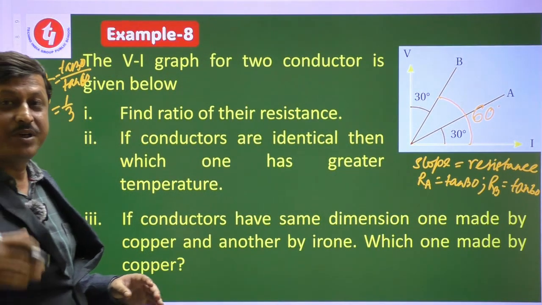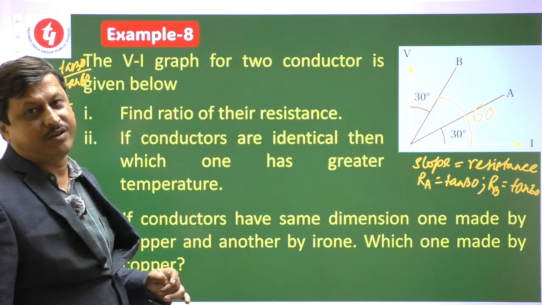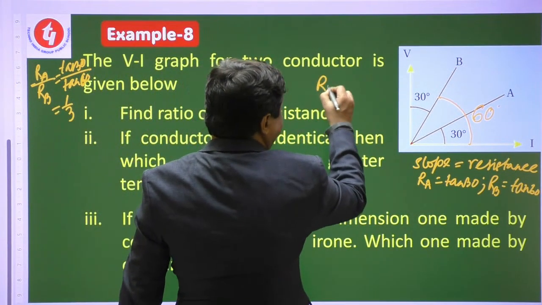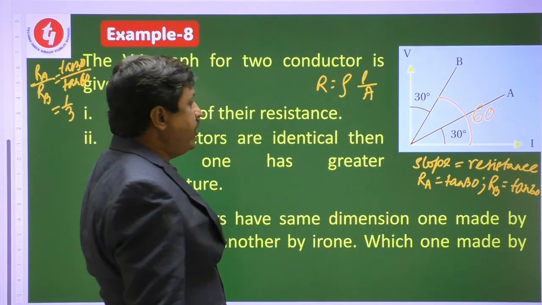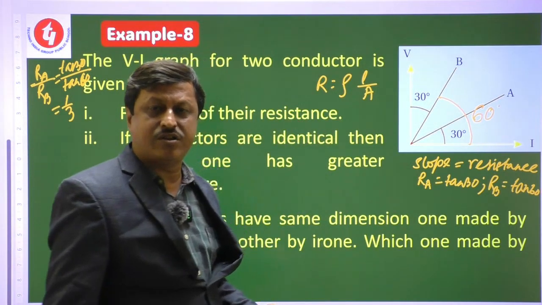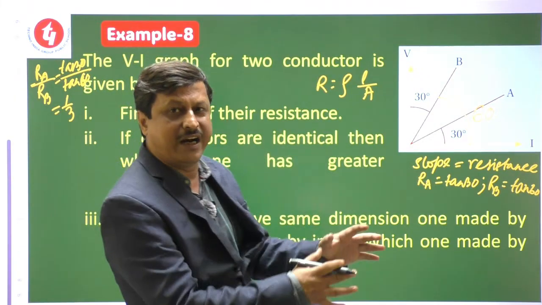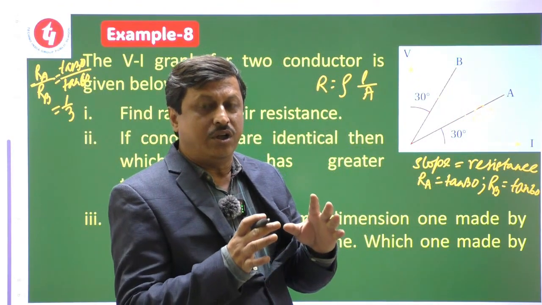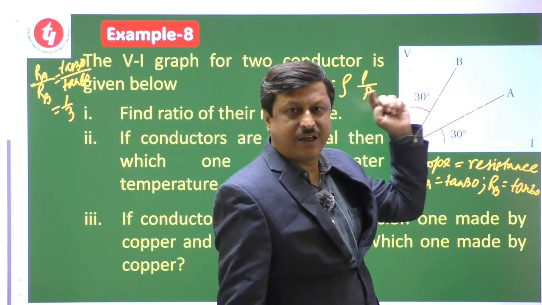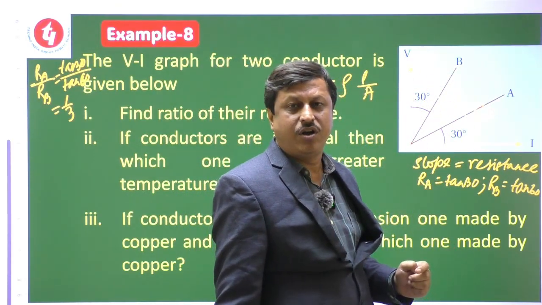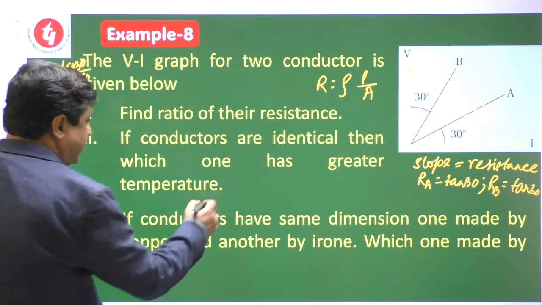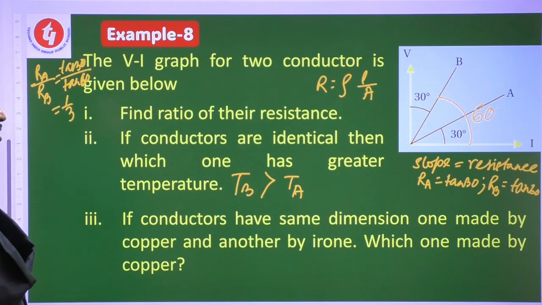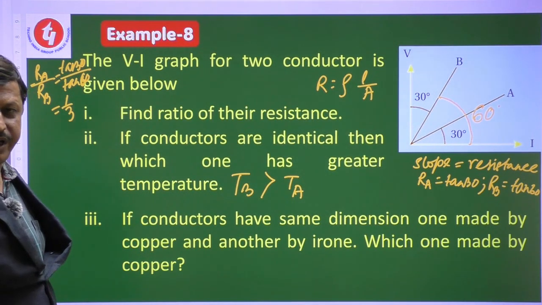You know that if temperature increases, resistivity of the conductor also increases, and if resistivity increases, resistance also increases, because R equals rho into L by A. So resistance is higher, obviously, in case of B. So the temperature of conductor B will be greater than the temperature of conductor A, because resistance of B is higher than the resistance of A.